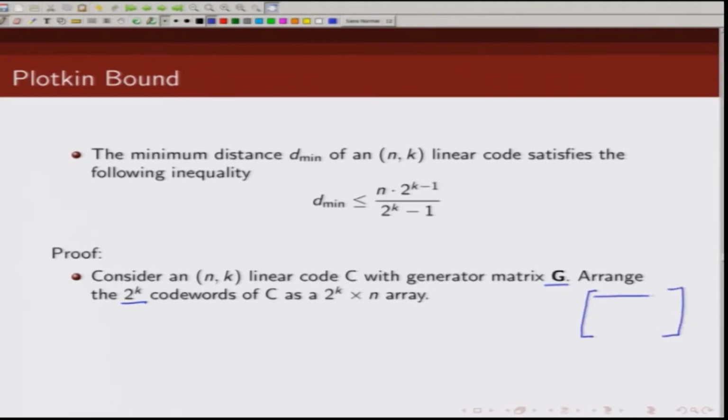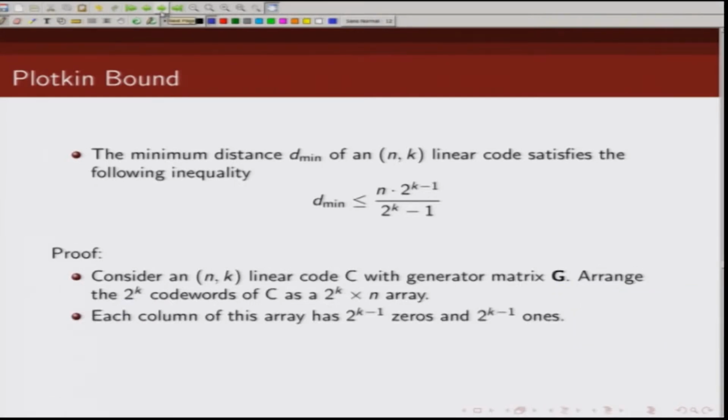These are your n-bit code words, and we will arrange all of these 2^k code words as rows of this array. Now, what we are going to show is that in each column of this array there are an equal number of zeros and an equal number of ones.